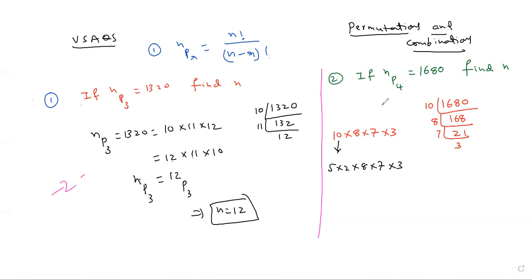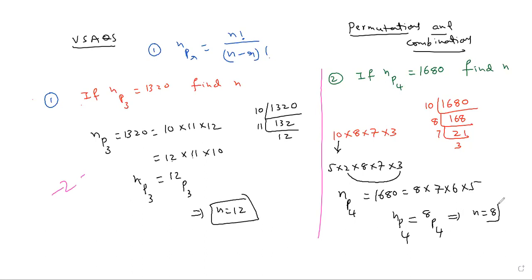So 10 is 5 into 2, and automatically you can arrange like this, 3 into 2 is 6. Now nP4 equal to 1680 can be written as 8 into 7 into 6 into 5. So starting with 8 we got the product of 4 consecutive, which is nothing but 8P4. nP4 is equal to 8P4, so n equal to 8.